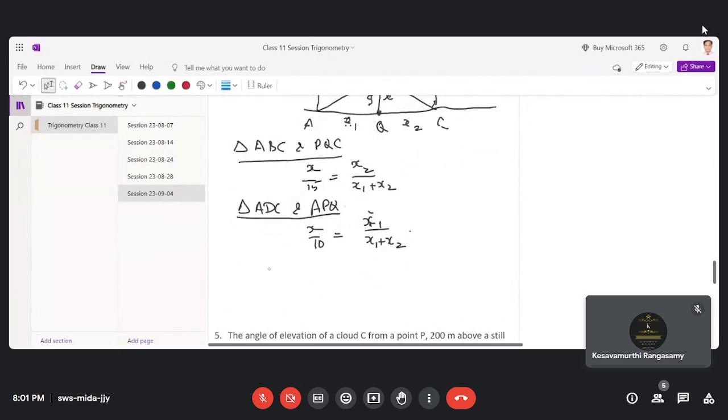So you can see that x by 15 plus x by 10 equals, now you can solve for x, right? If you add the two, you're getting a very simple equation: x by 15 plus x by 10 equal to 1.